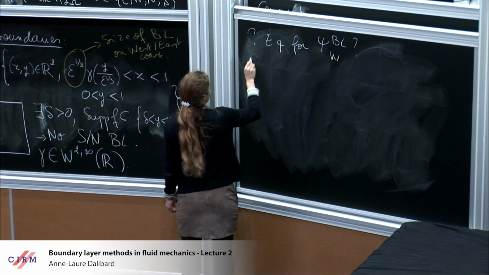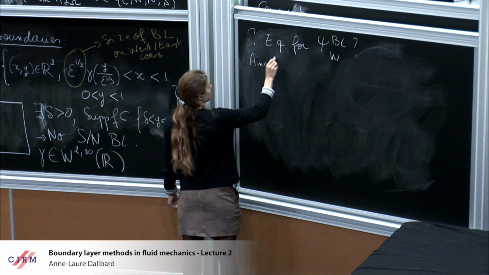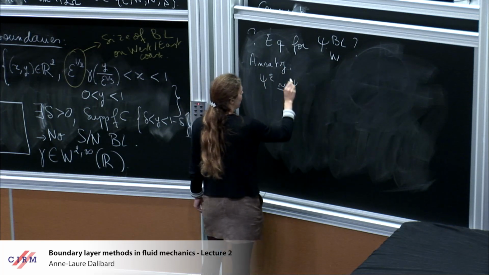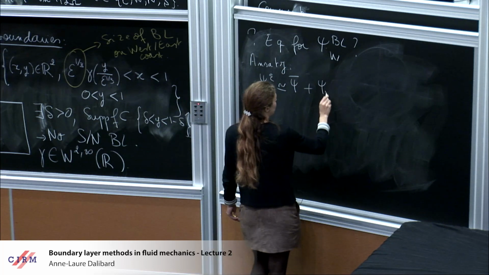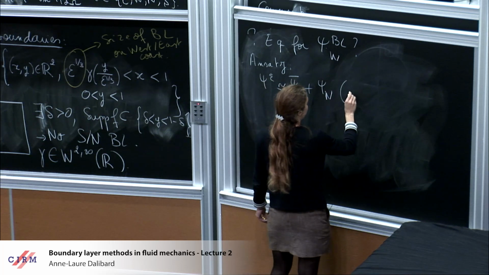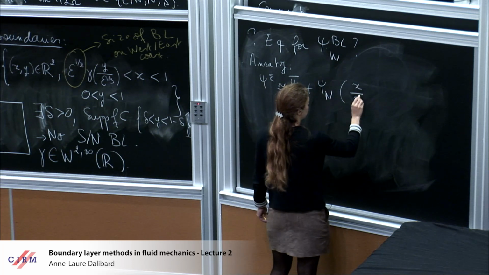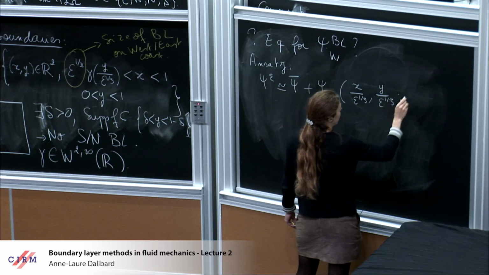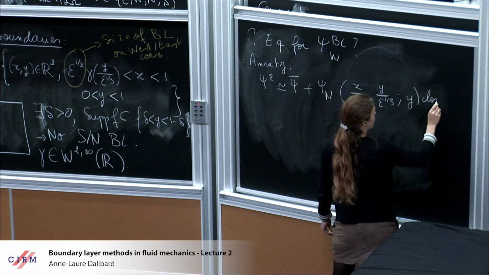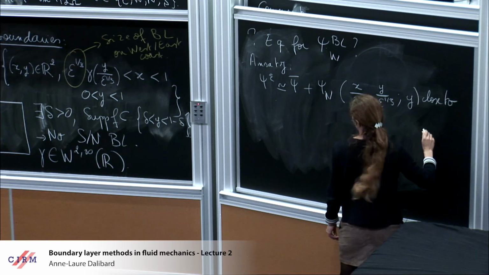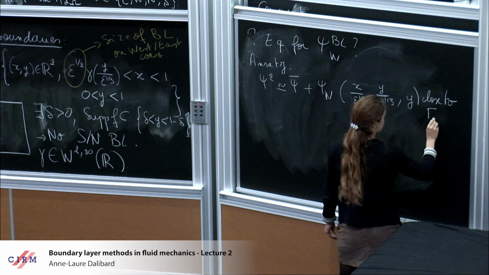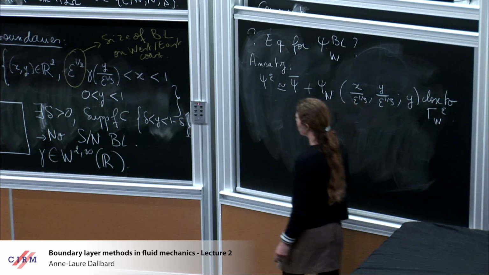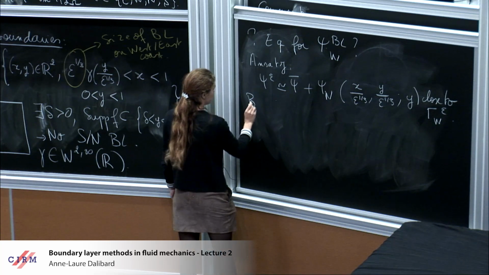So the ansatz is that psi epsilon behaves like psi bar plus some psi w of x over epsilon to the 1/3, y over epsilon to the 1/3, and y goes to gamma w epsilon. Okay, so you plug that into the equation.